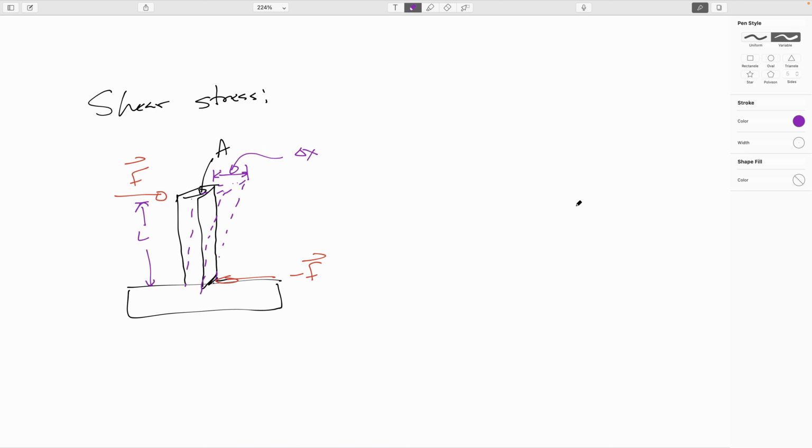You exerted a shear stress on it, and then the shear strain would be significant. So anyway, we can describe our shear strain with delta x over L. So this is my shear strain. And my shear stress is still going to be F over A.